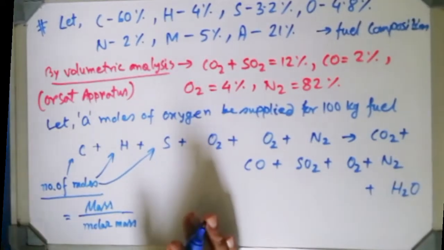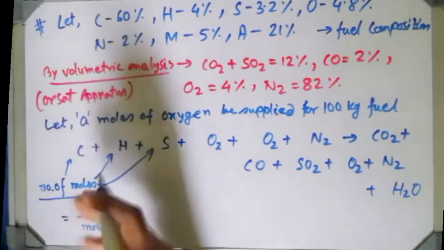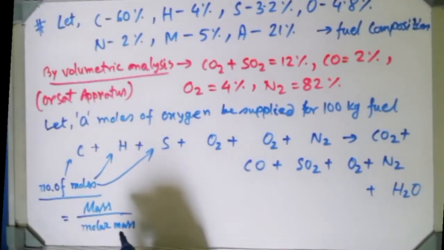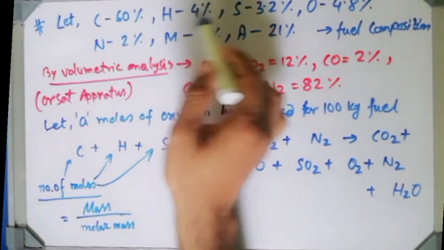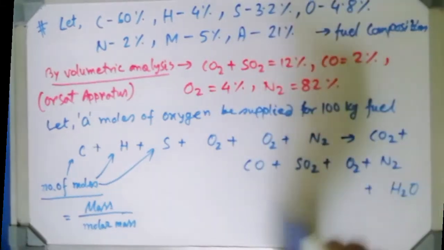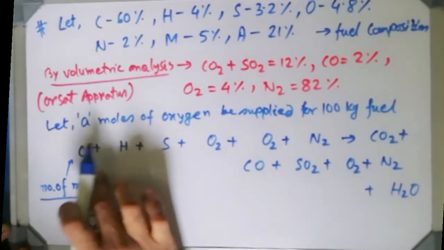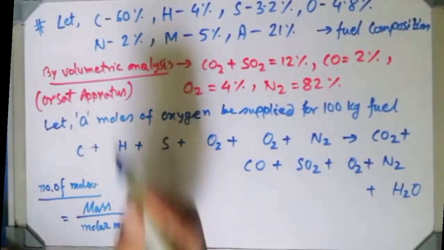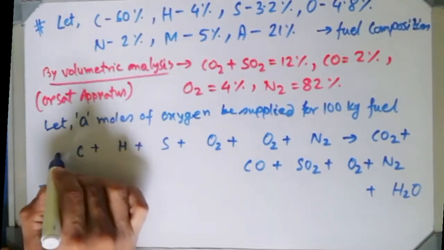Now the masses are given in terms of percentage, like 60%, 40%. So what will be the number of moles for carbon? It is 60%, and the molar mass is 12, so it should be 60 by 12. Hydrogen is given as 4%, and with respect to molar mass it is 2, oh sorry, H2.